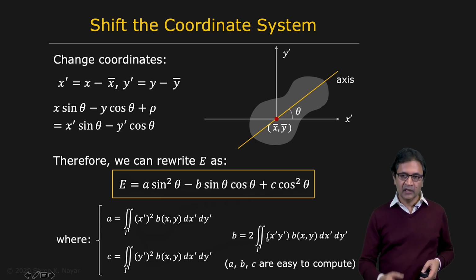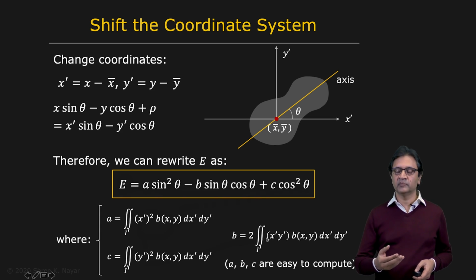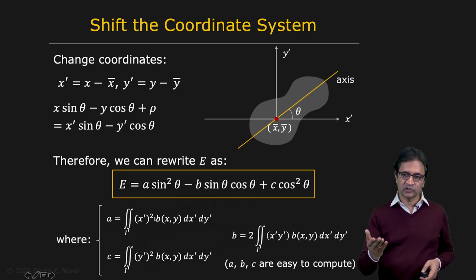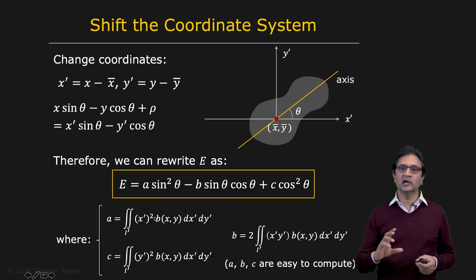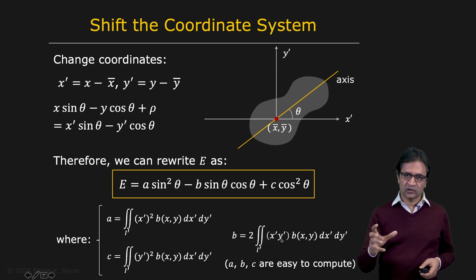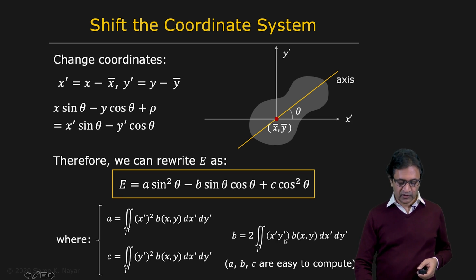They can all be easily computed from an image. Here you have, with A, x prime squared, which means it's the moment about the y-axis. Here you have y prime squared about the x-axis, the second moment, and this is called the cross term or the product moment right here, x prime, y prime.